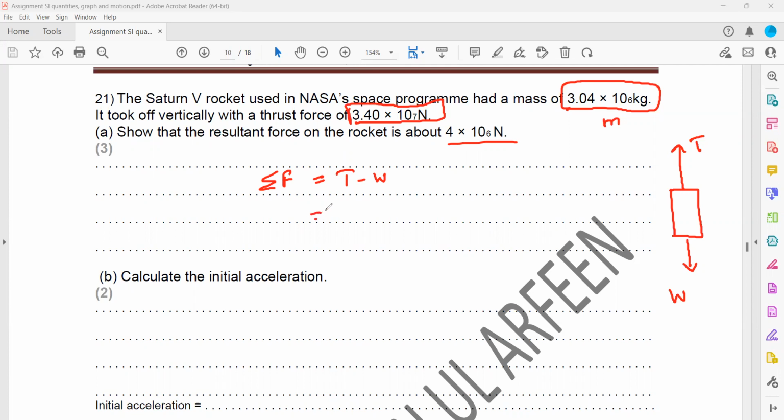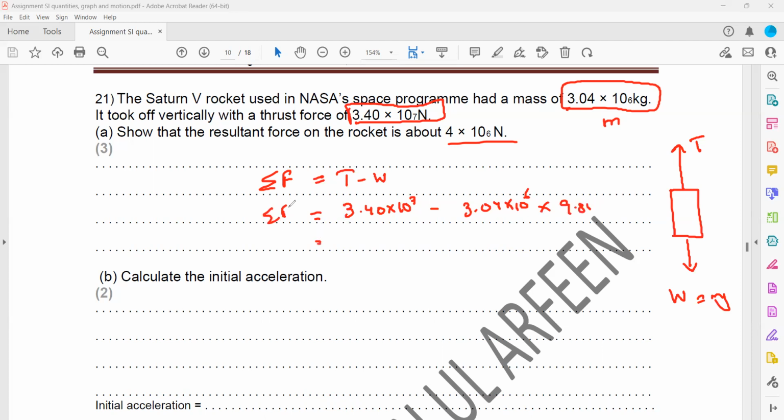So how can we represent that? Thrust is given, which is 3.40 × 10^7, minus the weight. Weight is mass times gravity. The mass of the rocket is given as 3.04 × 10^6, and the acceleration due to gravity is 9.81.